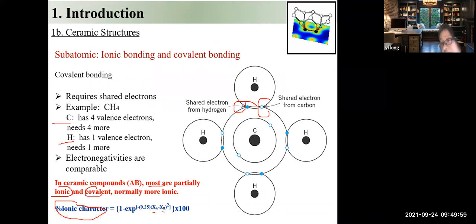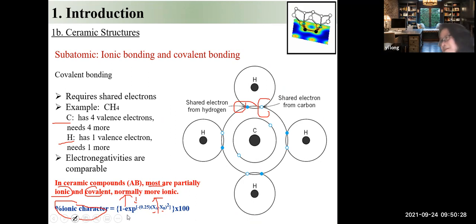If the difference between XA and XB is bigger, this term is bigger, then because you have a minus here, it will be lower, then you have another minus here, so it goes higher again. So XA and XB being further apart means your ionic character will be bigger.